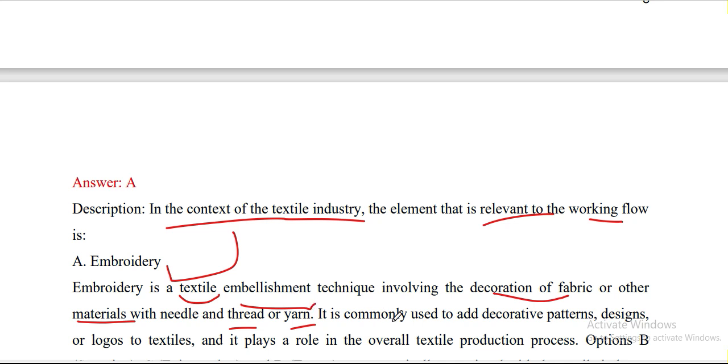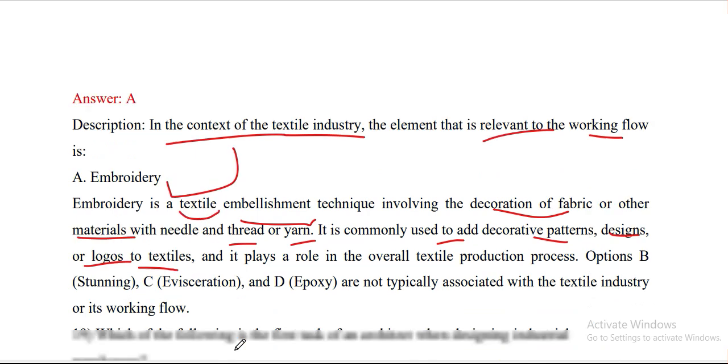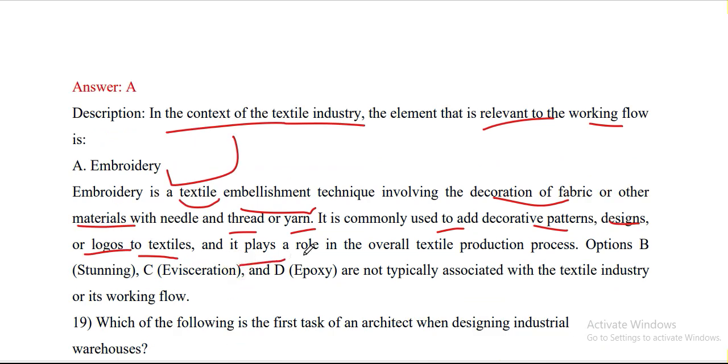It is commonly used to add decorative patterns, designs, or logos to textiles. It plays a role in the overall textile production process. Option B, staining, evisceration, and epoxy are not typical associations with the textile industry or its working flow. So option A is the best answer.